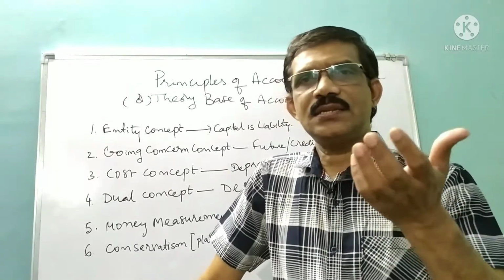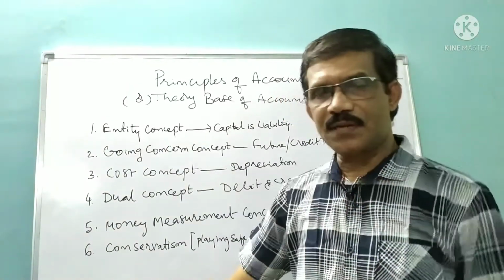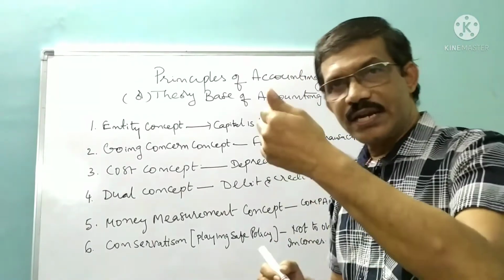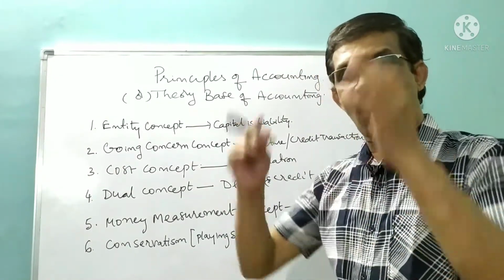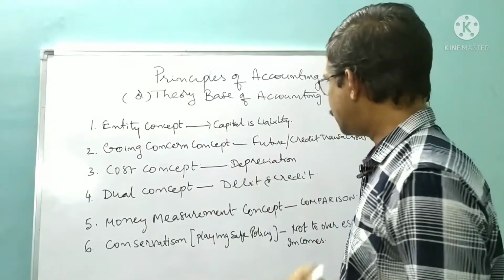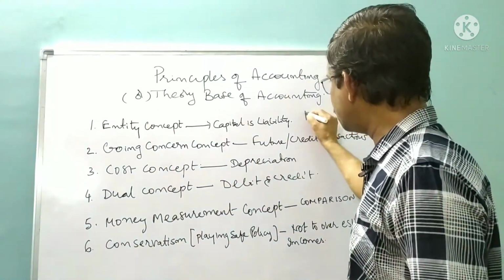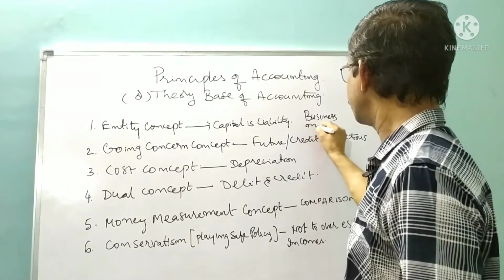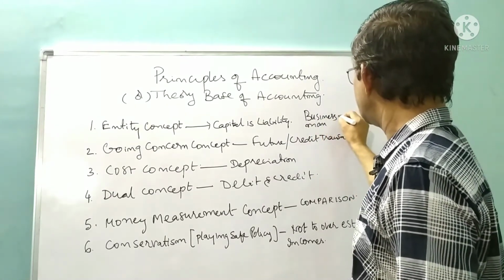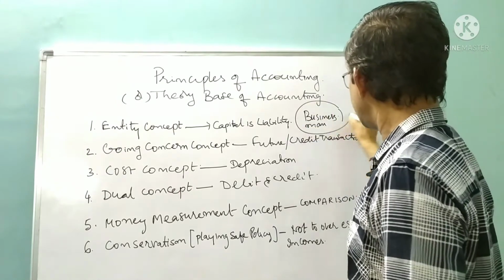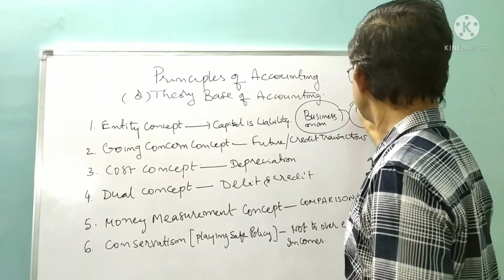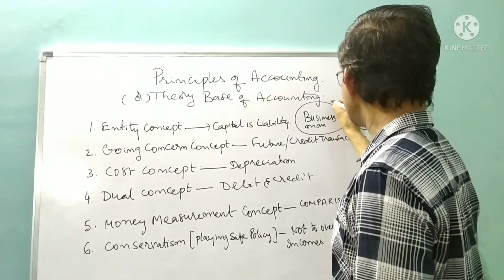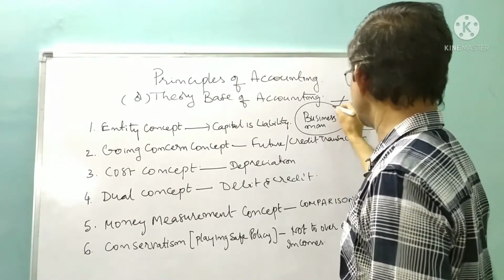What is this entity concept or entity principle? According to this entity concept, what accounting assumes is that the businessman, that means the owner, and his firm are two separate entities, not equal.